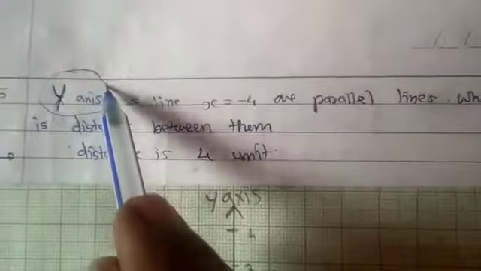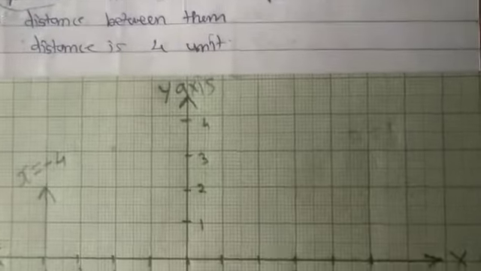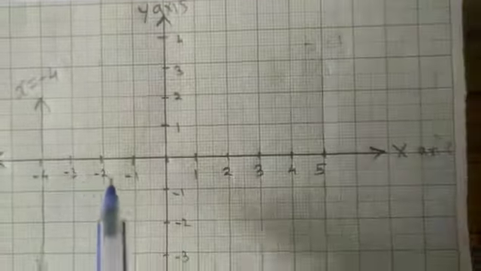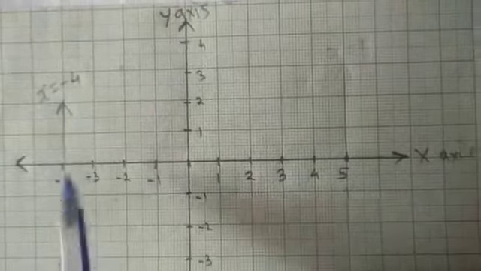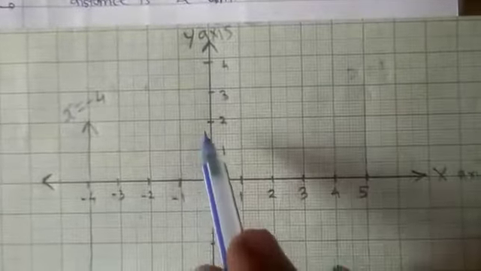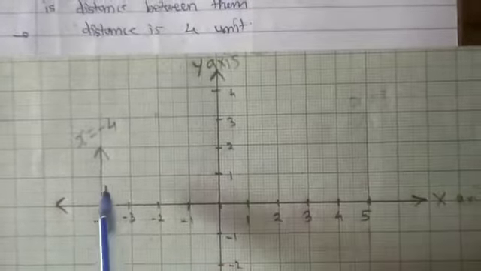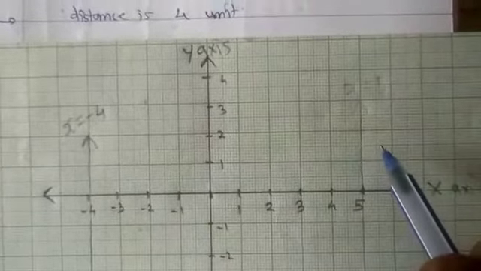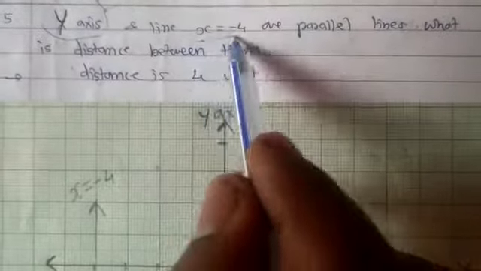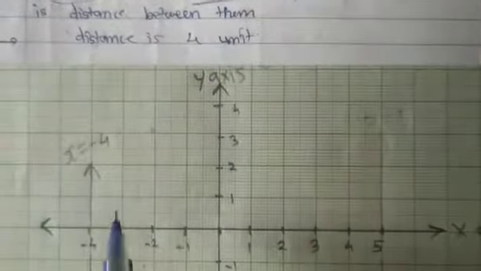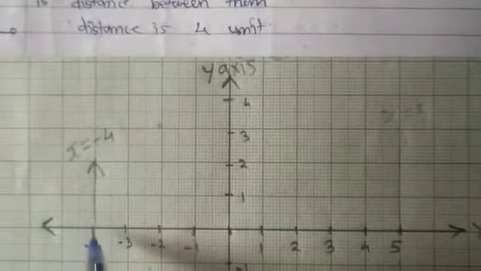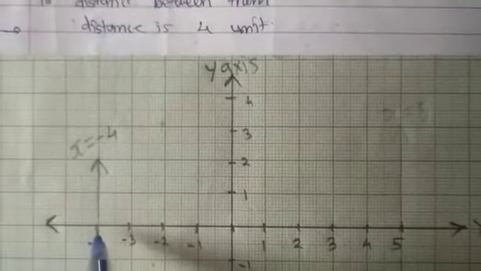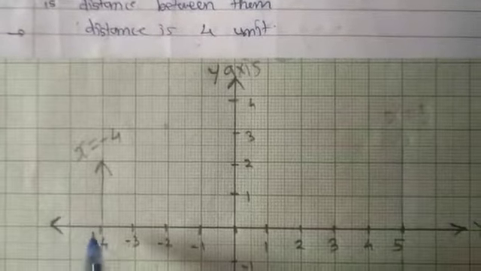Now see, a graph is not necessary, but we can see it with the help of a graph. This is the y-axis, and a line parallel to the y-axis is either on the left side or on the right side of the y-axis. Now the equation is x equal to -4, which means the line is passing through the point -4 on the x-axis.